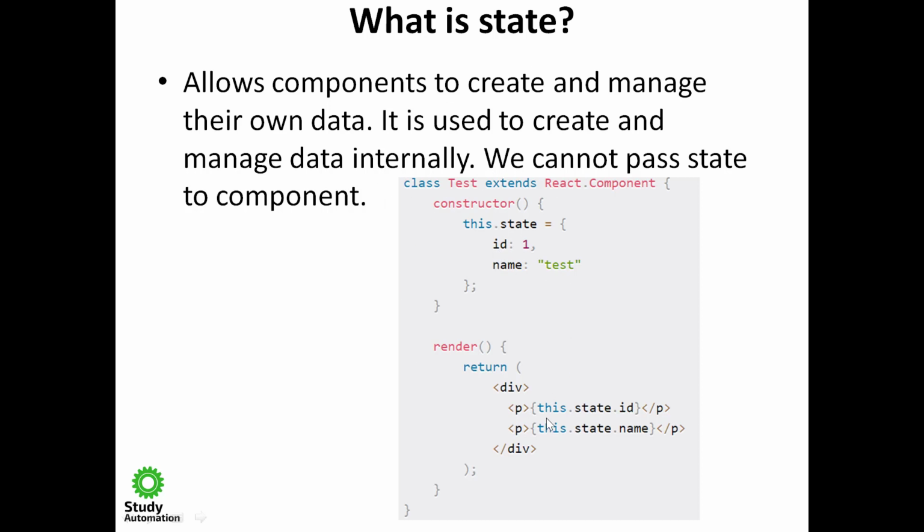If you want to use them outside of the class, you can pass this state to the component, and in the child component you have to use props. Using props you will access this data.